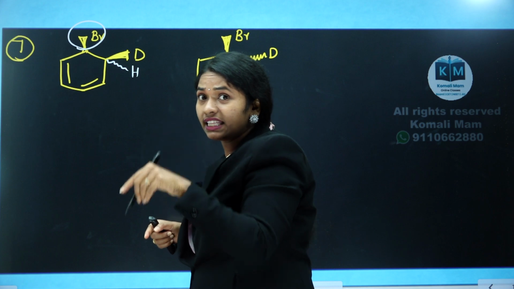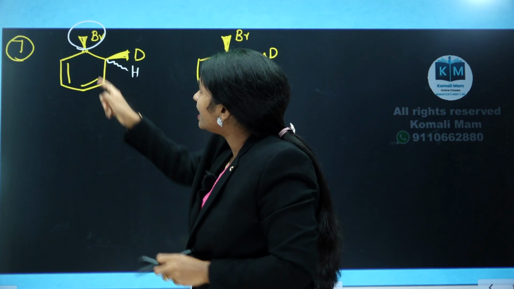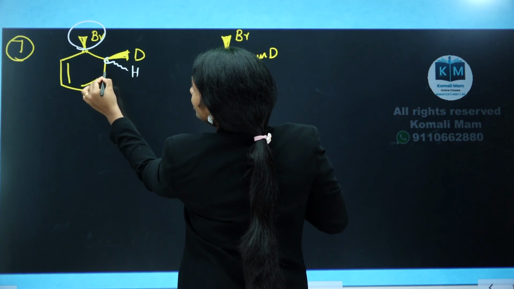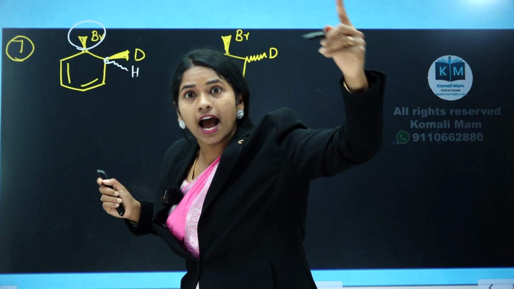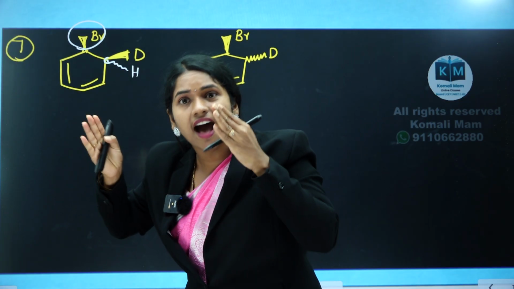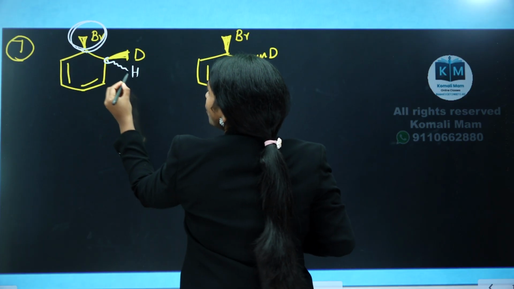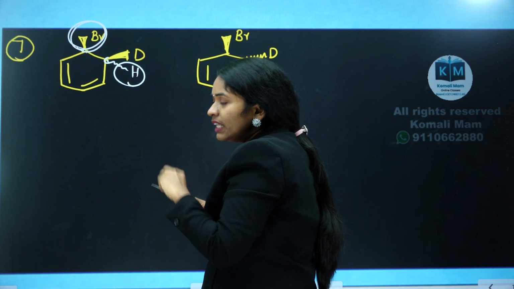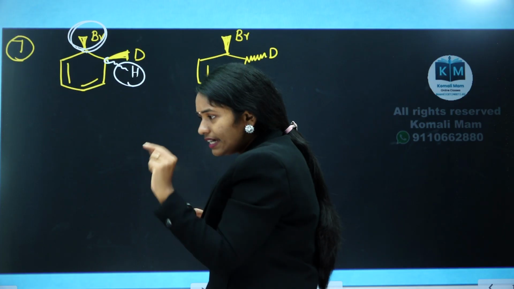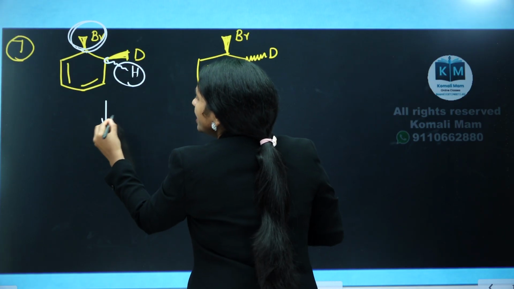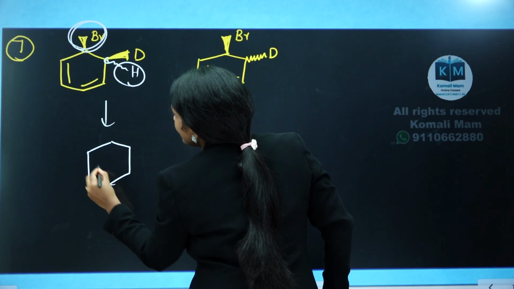Ma'am, how are you telling the hydrogen is present? Because carbon valency is 4. So here carbon has 1, 2, 3 bonds, means one more hydrogen is present which is hiding. Okay. So now this is towards the viewer, this is away from the viewer. Solid line towards, dashed line away. Remove it. Write the product like this.